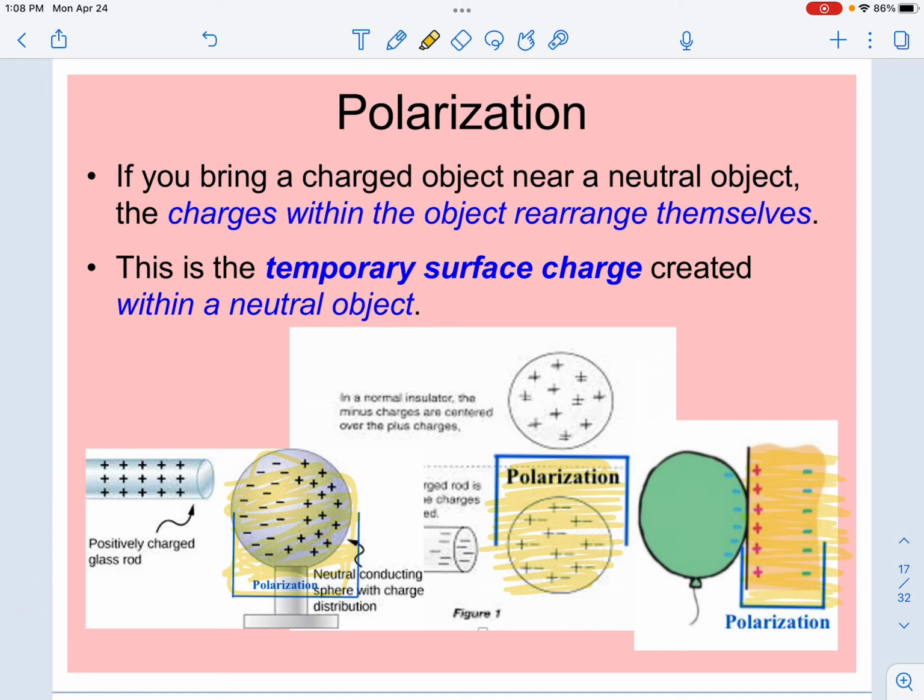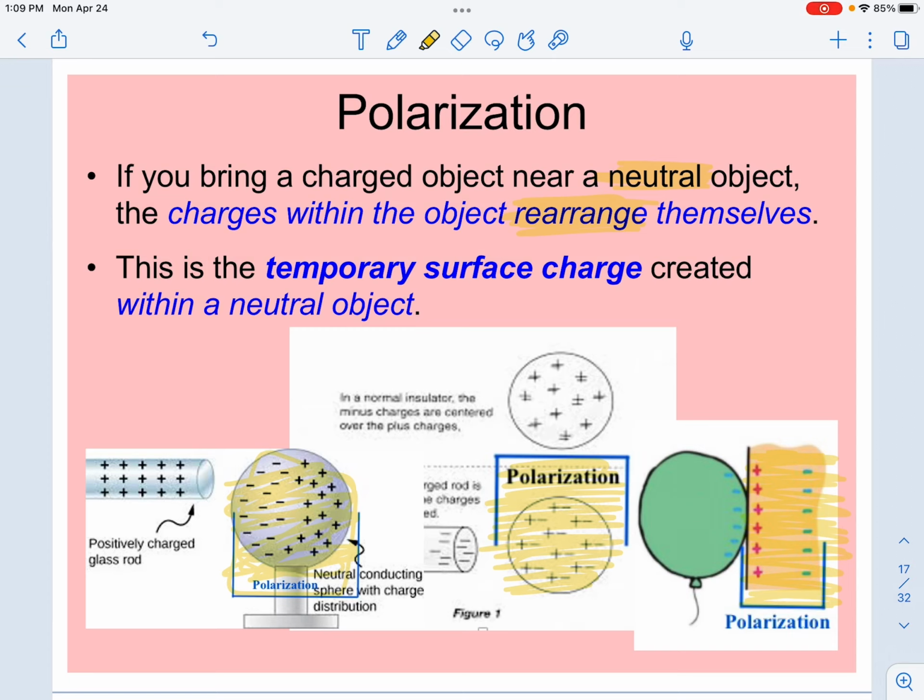So polarization is a response that happens within a neutral object. It says here on the slide that the charges, which would be the electrons, are going to rearrange themselves. The object itself is actually neutral. So in this case, we are not physically relocating our electrons by removing them from the material.